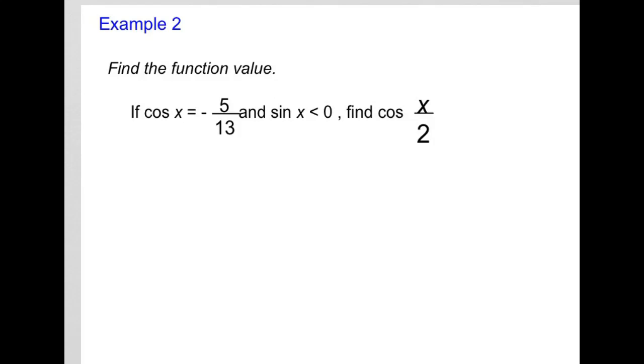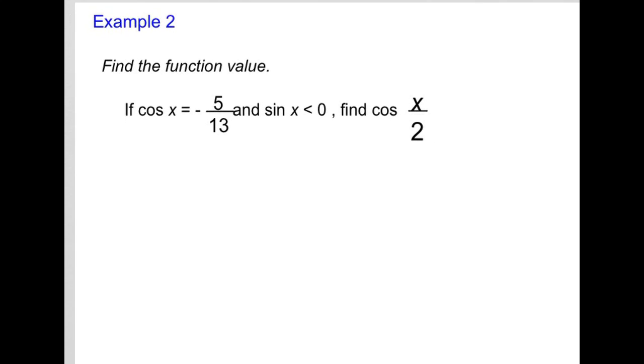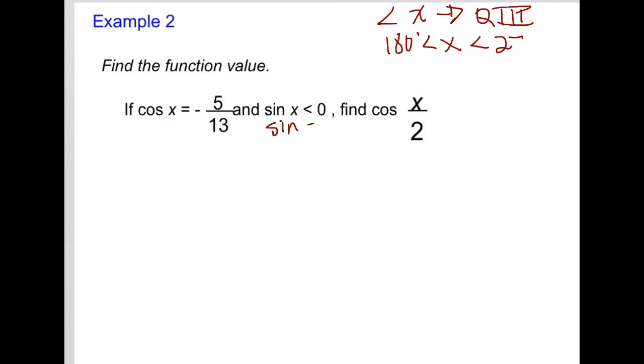If cosine of x is negative, and sine of x is less than 0, which means sine is also negative, then that tells me that my angle x is in quadrant 3. Now remember, quadrant 3 angles are somewhere between 180 degrees and 270 degrees. If I divide those by 2, that tells me that x over 2 is somewhere between 90 degrees and 135 degrees.